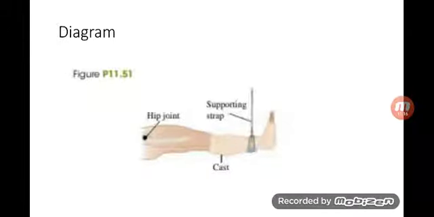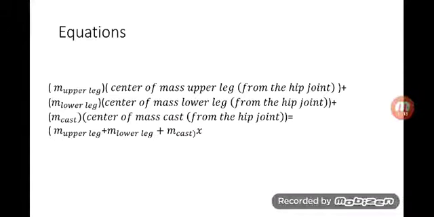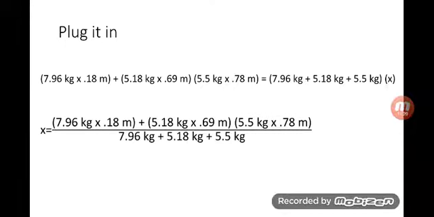Now let's move on to plugging it in. So once you plug it in, just multiply everything. You already got the mass of the cast, mass of the upper leg, and mass of the lower leg, and their distances.